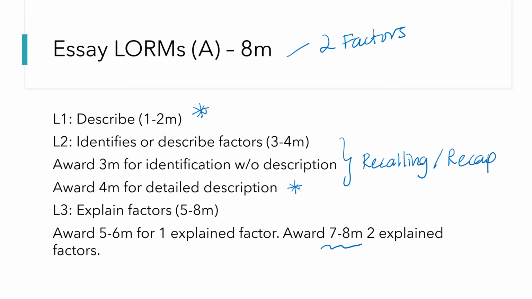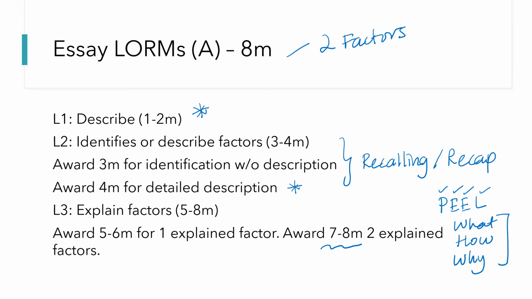Okay, and when we talk about explaining, when we say explain, there must be a very clear method of writing. So some of you are very familiar with PEEL. Okay, point, examples, explain the examples and the link, or some of you will be quite familiar with the what, how, and why.